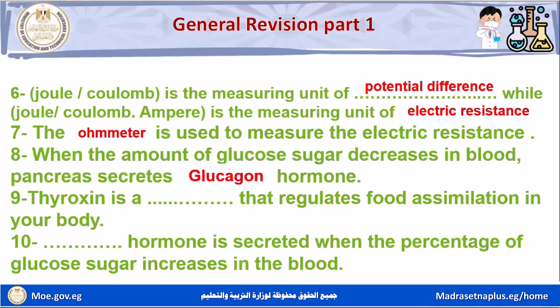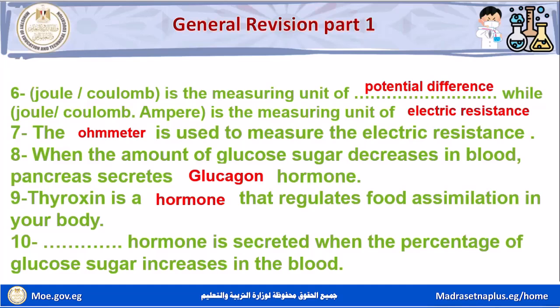Question number 9. Thyroxine is a space that regulates food assimilation in your body. Thyroxine is a hormone that regulates food assimilation in your body. Question number 10. Space hormone is secreted when the percentage of glucose sugar increases in the blood.